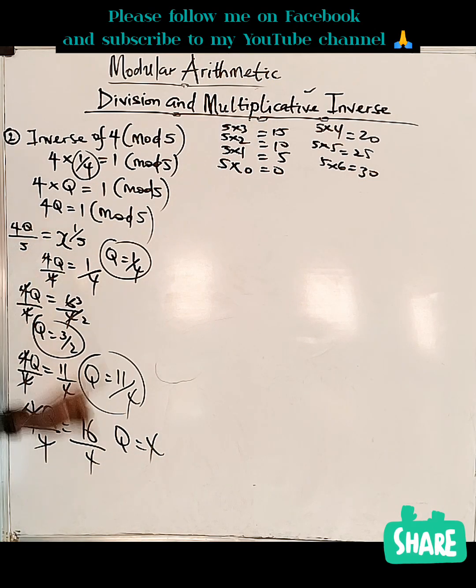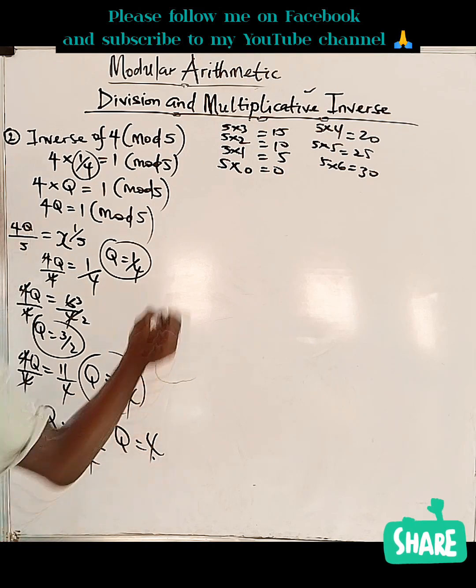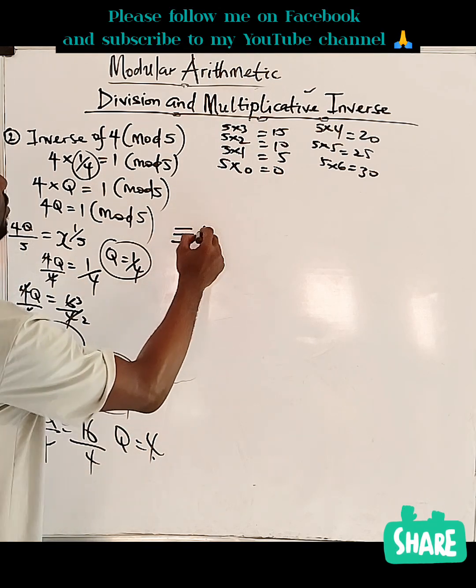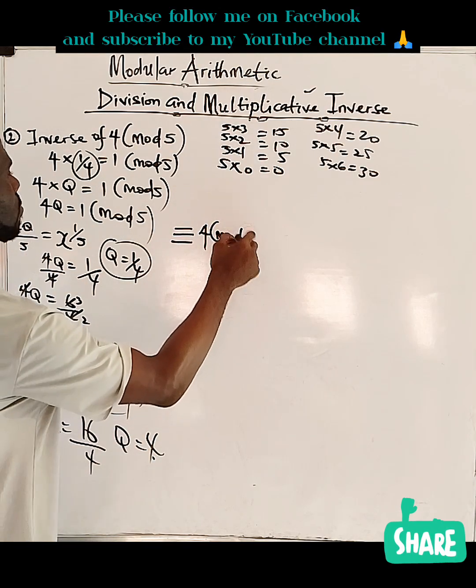So 4 times 4 will give us 16. 16 modulo 5 is 3 remainder 1. So as simple as that. It means what we multiply with 4 to give us 1 modulo 5 is the multiplicative inverse of 4. That number has to be 4 modulo 5. So our final result is 4 modulo 5.